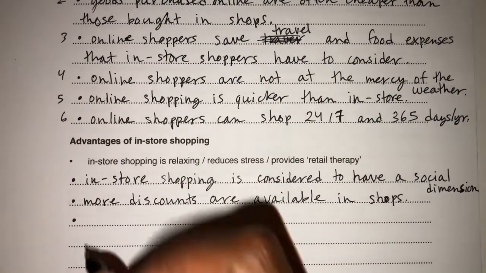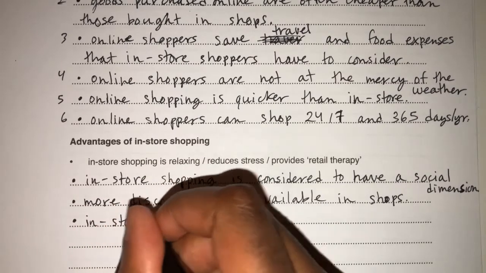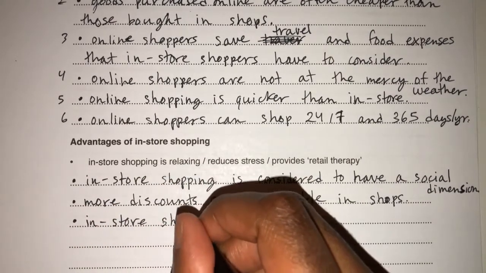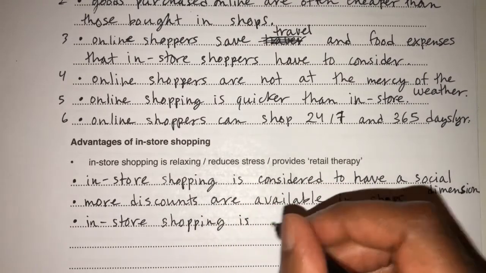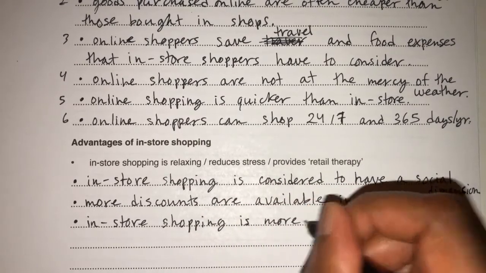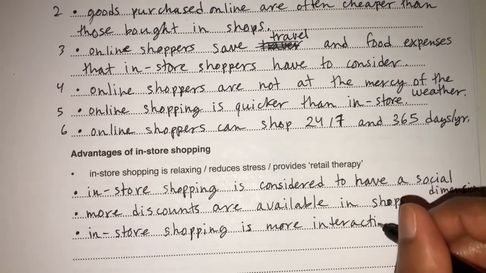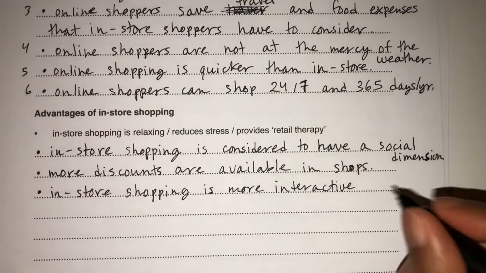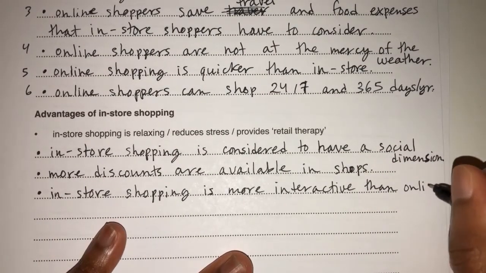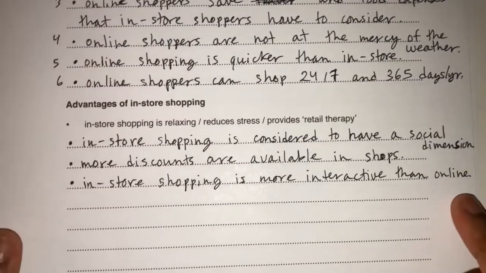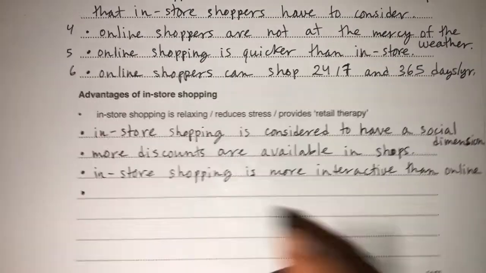And in some cases I do. So here for our next point, I will say in-store shopping is more interactive than online. Okay. So 1, 2, 3. We have 3 more to go. Almost there.